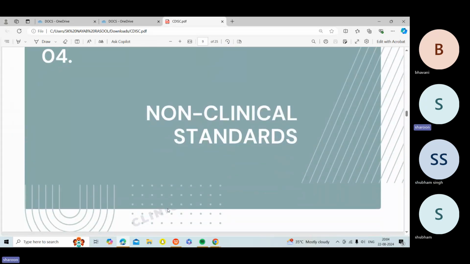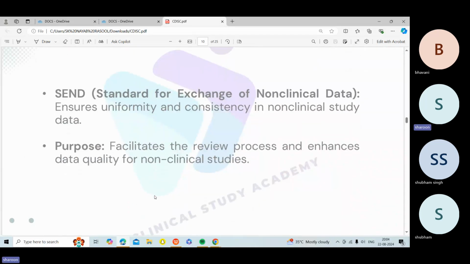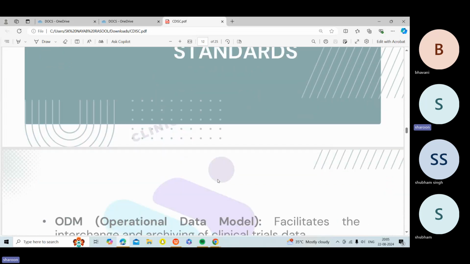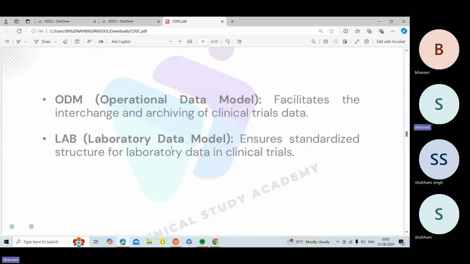Non-clinical standards. SEND, Standard for Exchange of Non-Clinical Data, ensures uniformity and consistency in non-clinical study data. Purpose: facilitates the review process and enhances data quality for non-clinical studies. Operational standards. ODM, Operational Data Model, facilitates the interchange and archiving of clinical trials data.